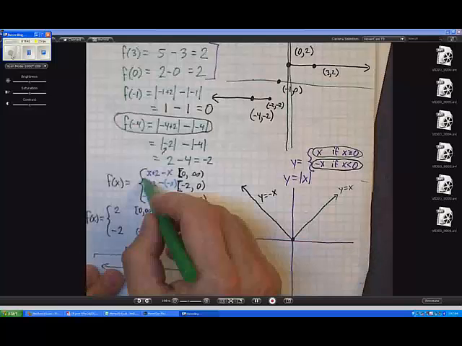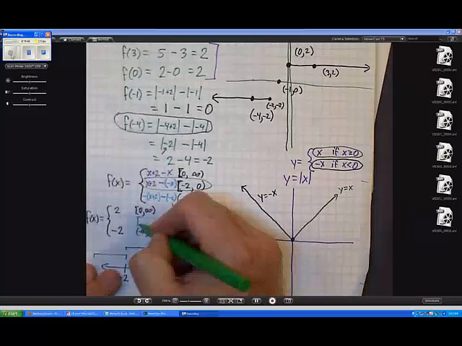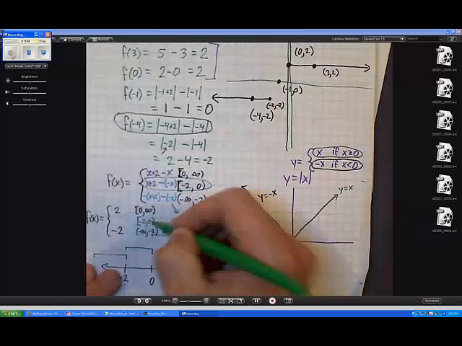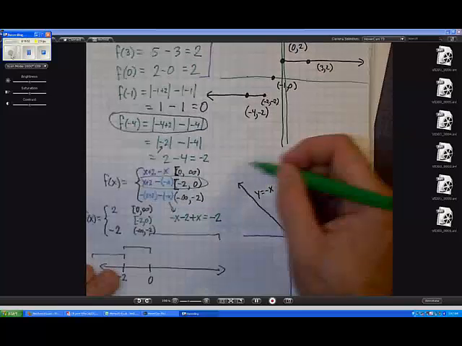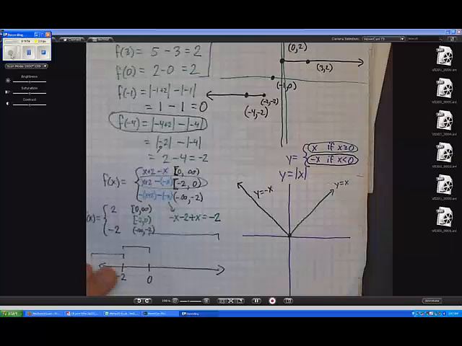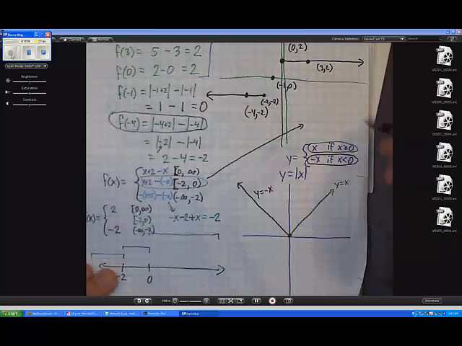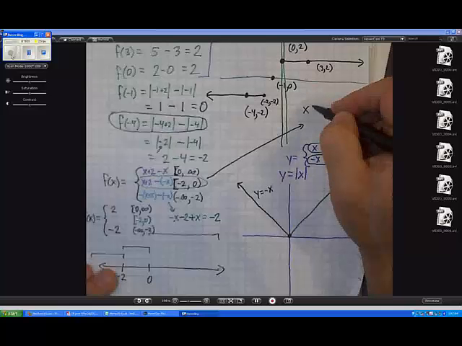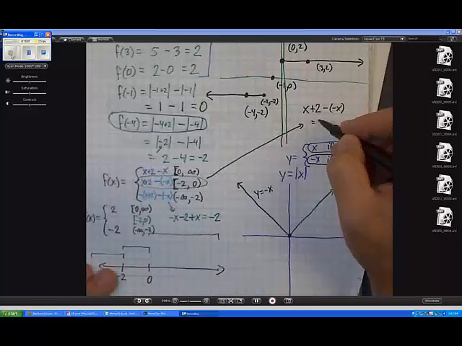This step right here is what I'm trying to do, right? What happens between negative 2 and 0? And where the heck am I going to do that? How about I do it up here in black? So what is the value of the function when we're between negative 2 and 0? It's x plus 2 minus negative x. But what does that equal? 2x plus 2.